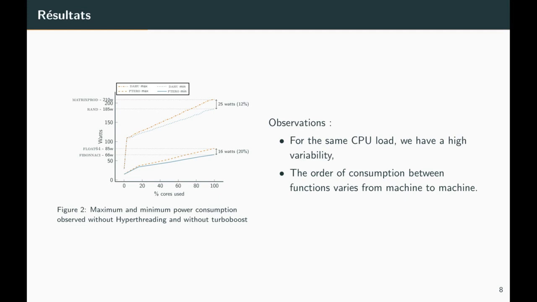For example, the most expensive program regarding energy consumption on the big server is the one doing matrix multiplications, and on the small server, the most expensive one is the one doing computation on floats, which are numbers with decimal values.